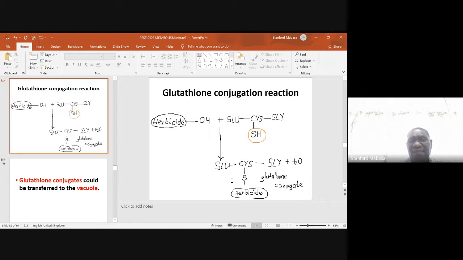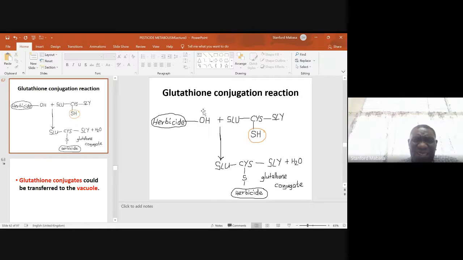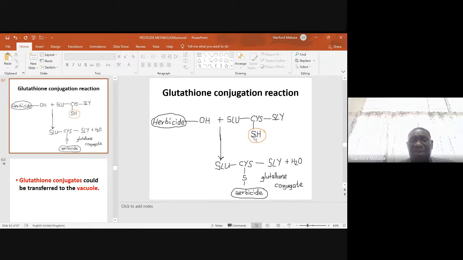Now we can have a simplified reaction which involves glutathione. And the glutathione, we can represent it by this structure, where the SH, the reacting component, is attached to cysteine, one of the amino acids. Where this is the herbicide carrying an OH, it will simply join at the sulfur position here and form this sort of structure.